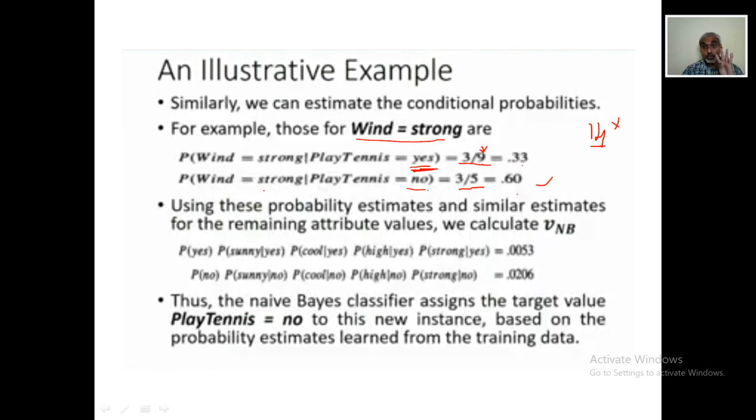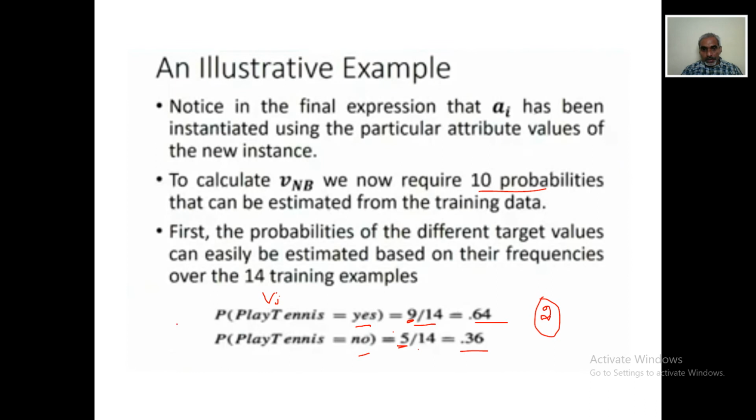Like this we have to do for the 4 remaining attributes also. If we calculate like this, using these probability estimates and similar estimates for the remaining probability values, you see clearly, already the probability for S you have got, that is 0.64.